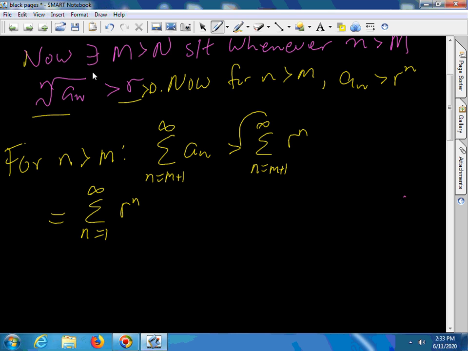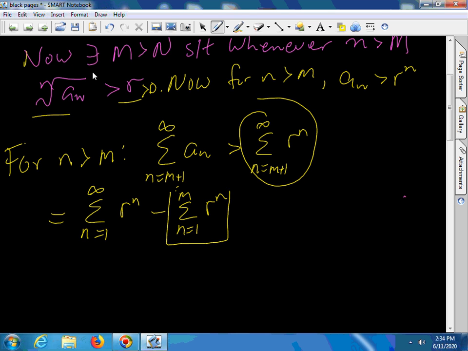But it contains all of those terms that are being added up, but it has extra ones. It has the terms from n equals 1 to capital N. So let's take that away. n goes from 1 to m of r to the n.